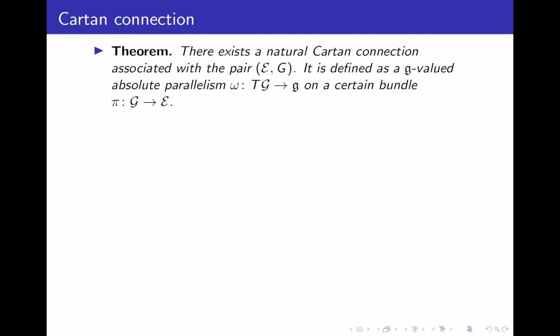In particular, natural means that whenever we have an equivalence between equations, then these connections will also be equivalent. And why do we need connections? Because we know that connections allow us to construct invariants, like Riemannian curvature, Ricci curvature, scalar curvature, etc., or even determine when our object is equivalent to the trivial one.